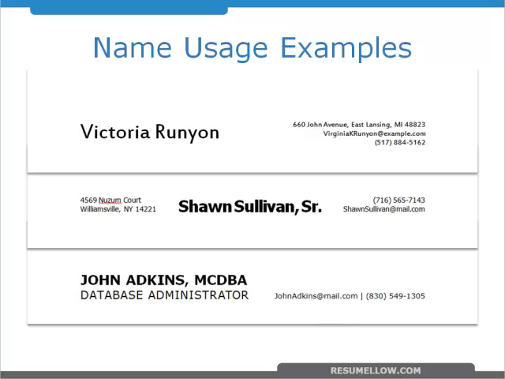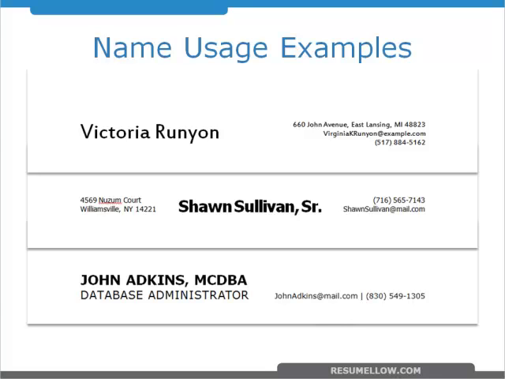In fact, it should be excluded because it's just going to confuse people. If I'm a hiring manager looking to hire a database administrator and I see that John has his MCDBA, I'll be impressed. I'll say, oh, wow, this is great. If I'm looking for something else, I'll look at that acronym that comes after his name and say, wow, that's weird.